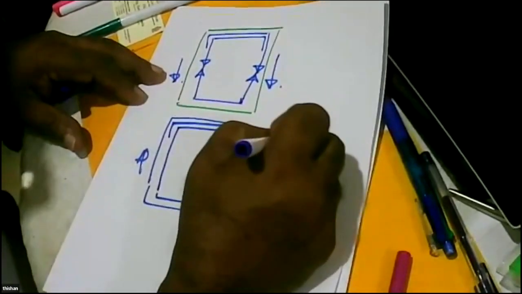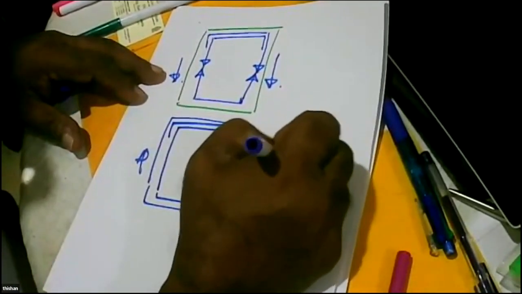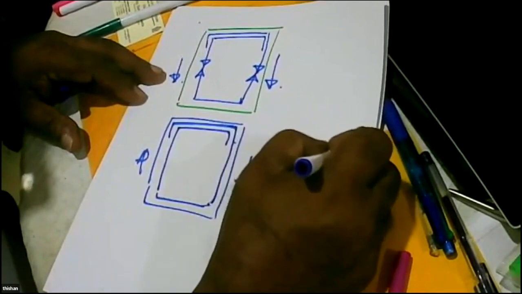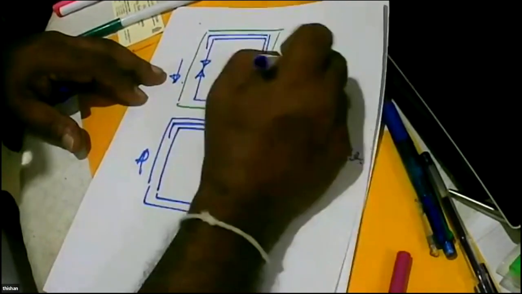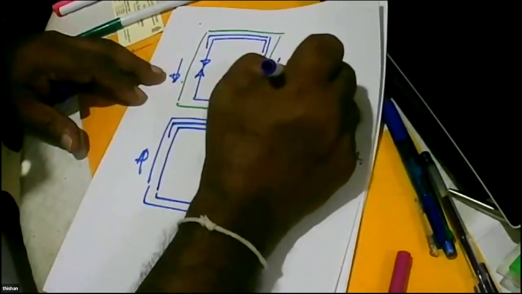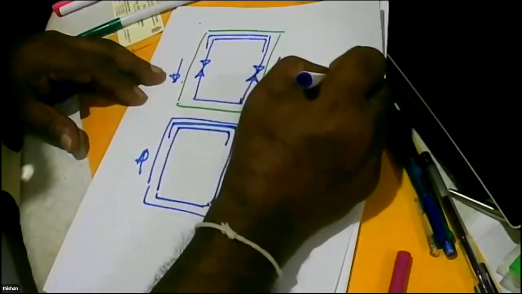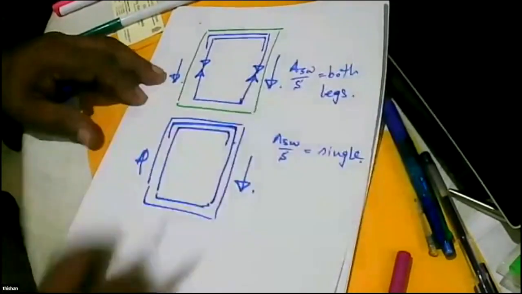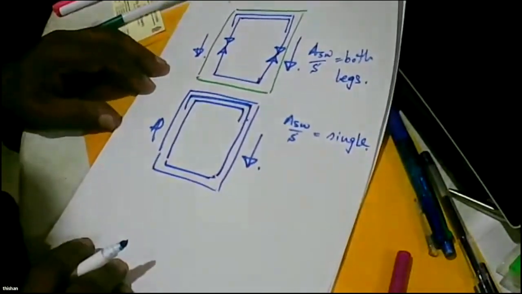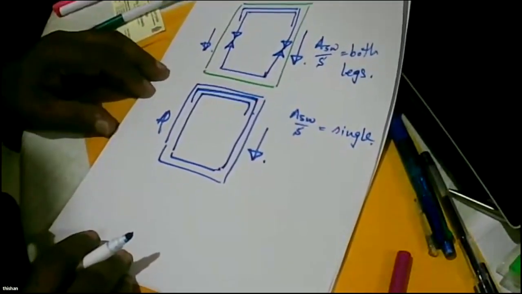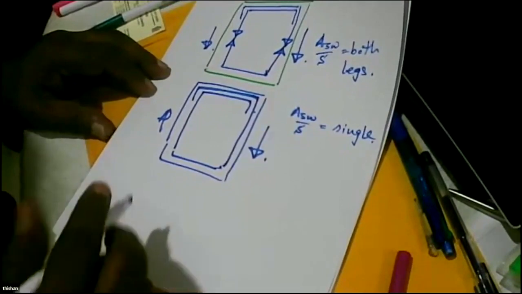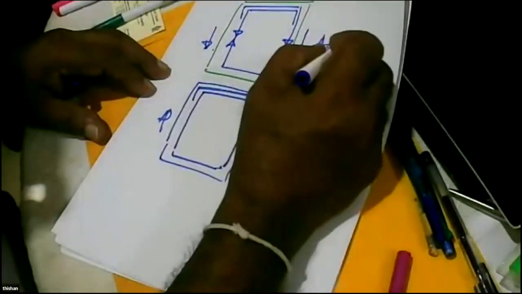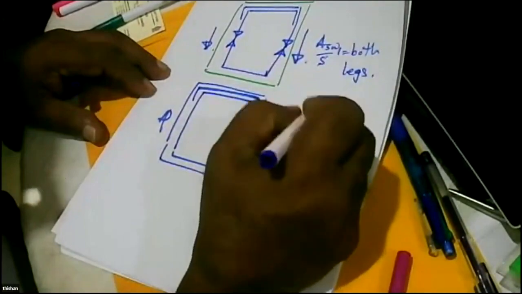So this ASWS is single leg. Here ASW represents both legs. Is that clear, Bandhuka? Yes, sir, that is clear. So this is 1, this is 2.